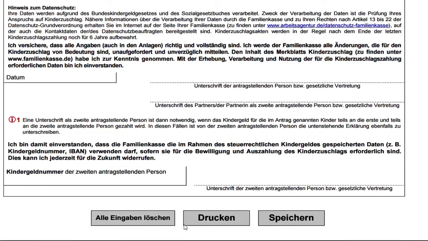If they click on this here, the information or the whole pages will be printed out. And if they click on this option, this form will be saved on their computer.